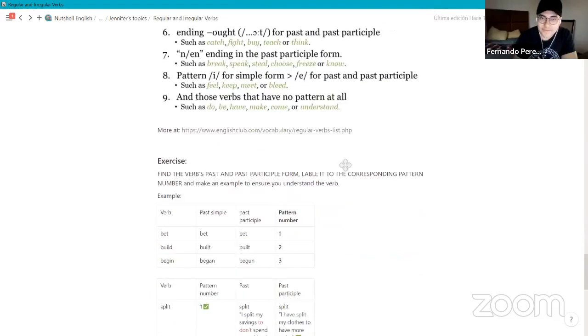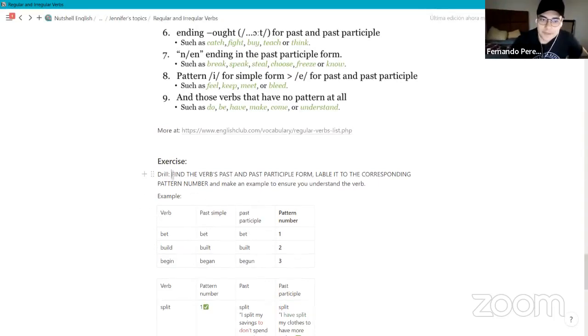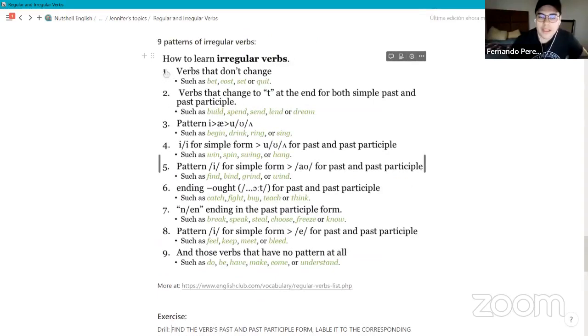And here is the drill. What I need you to do is, number one, learn the 9 patterns of irregular verbs. The 9 patterns are: number 1, verbs that don't change; number 2, verbs that change to T, etcetera.